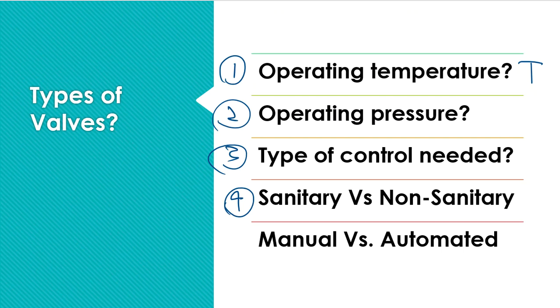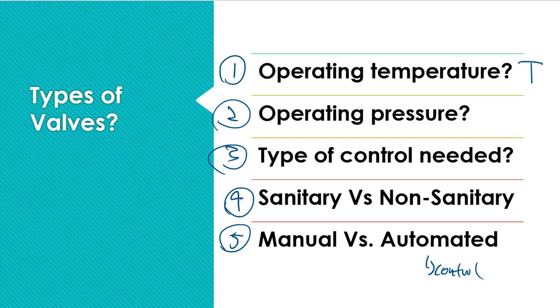And finally, manual versus automated. Manual is me going out, turning the valve on, turning the valve off. And automation is more like a control room, possibly, where we are sitting in a room behind a computer and clicking in software to open and close things throughout the manufacturing line.